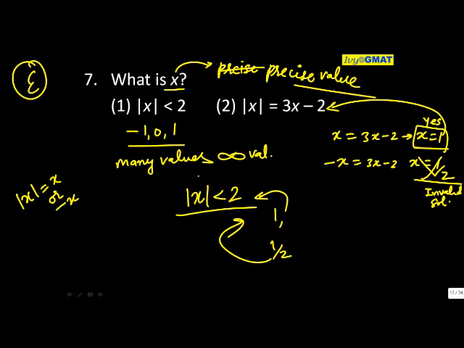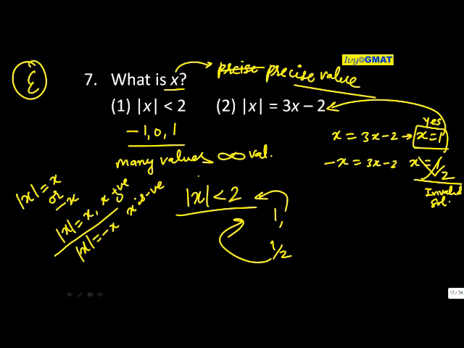Can you tell me why is x equal to half not satisfying that equation? When do you say mod of x is equal to x, and when do you say mod of x is equal to minus x? In which condition? When x is positive or 0. And mod of x equal to minus x precisely when x is negative.